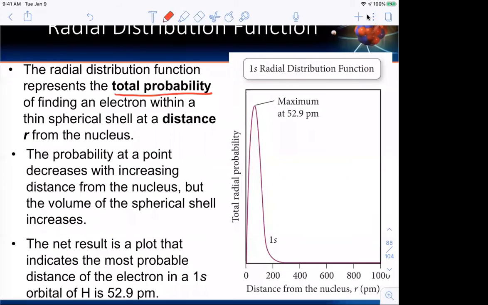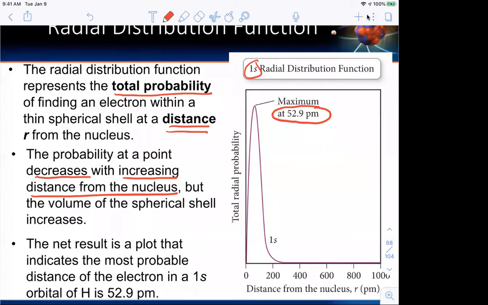So I'm in my 1s orbital, and I want to look at the distance. At 52.9 picometers, that is the most likely distance away from the nucleus that those electrons are going to be found. Notice this probability decreases with increasing distance from the nucleus.